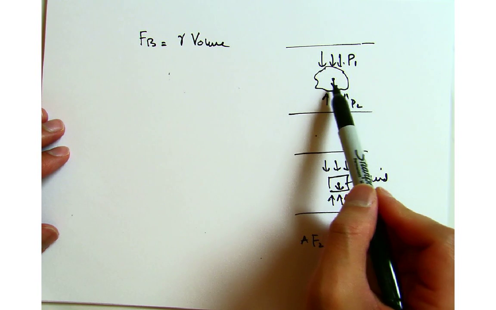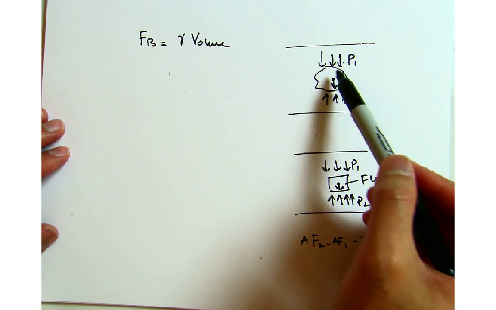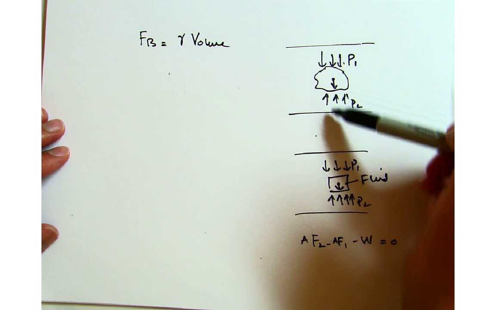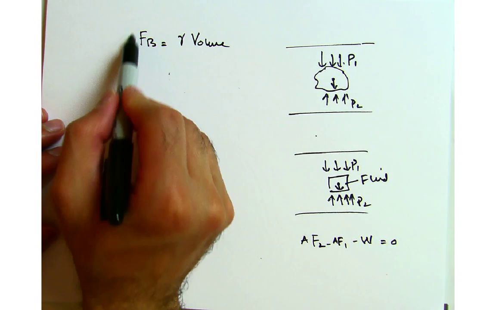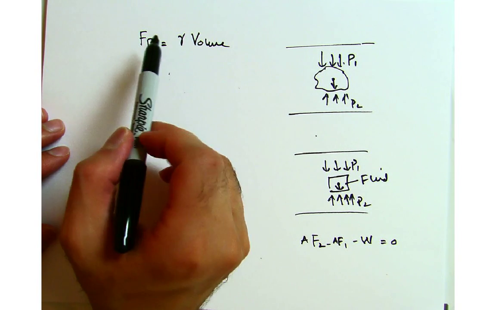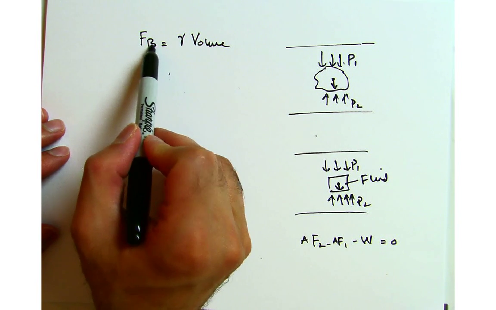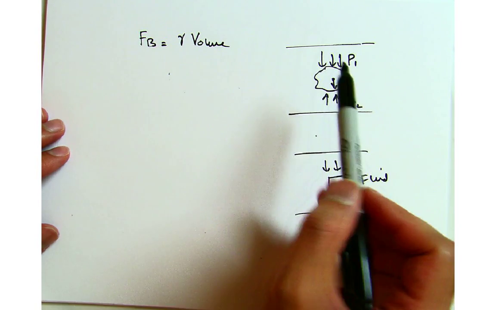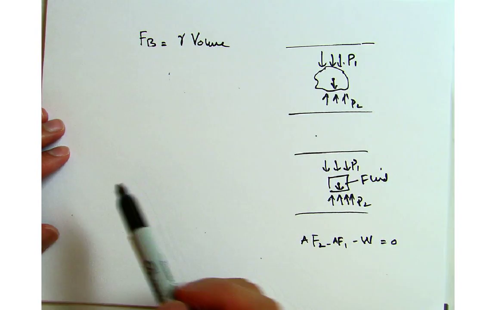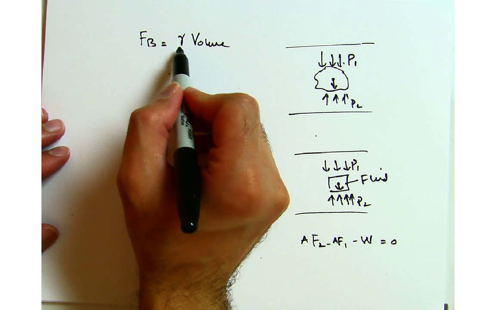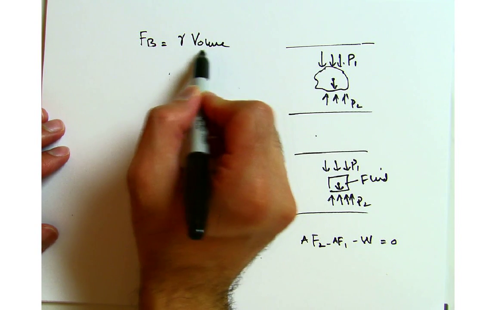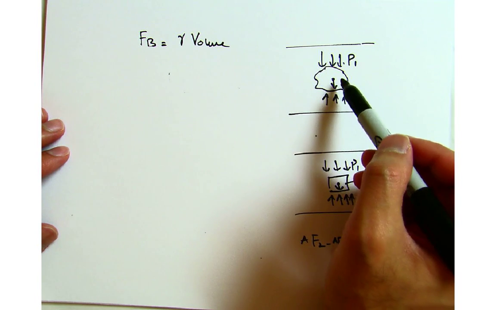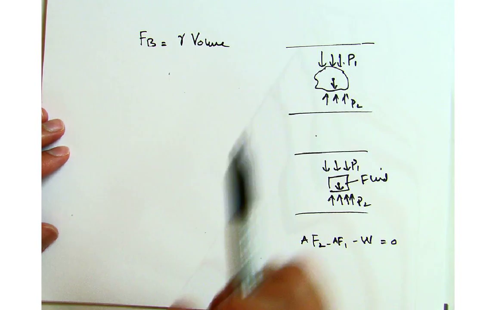But an iron object, compared to the volume it displaces, will be heavier, so it will sink. That's what this relationship tells us: that will be the net force upward based on the amount of fluid being displaced. So this is the gamma of the liquid and this is the volume.